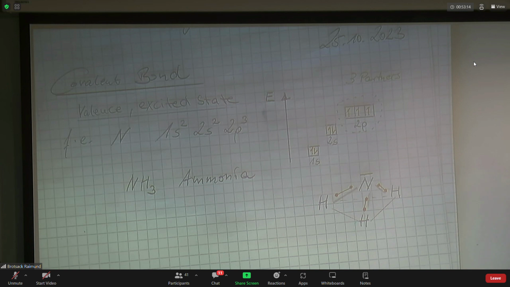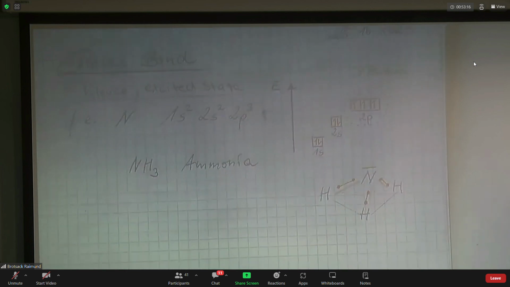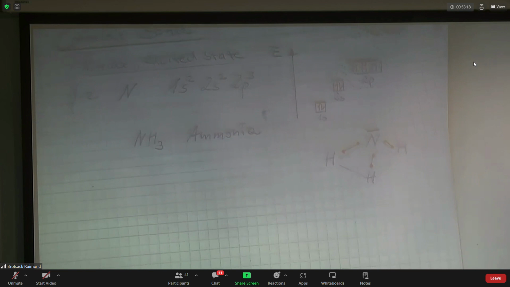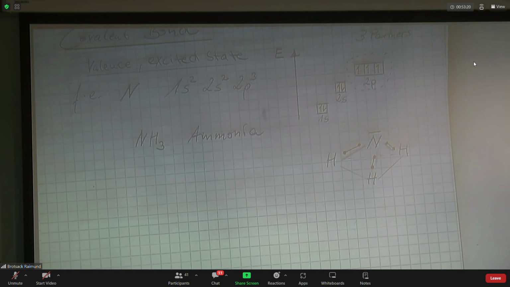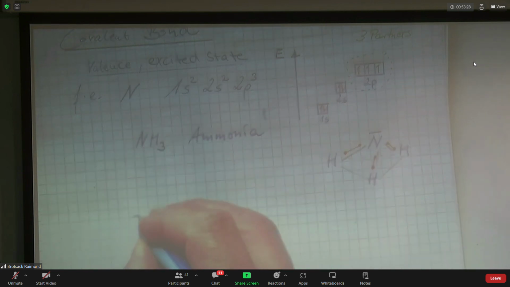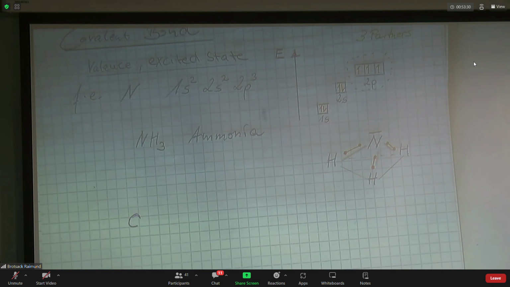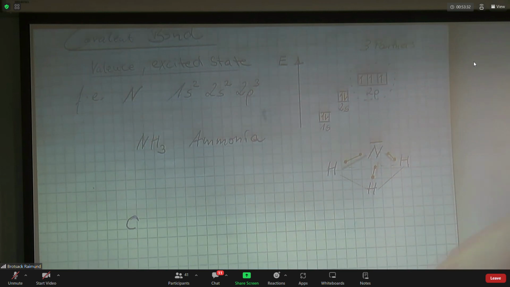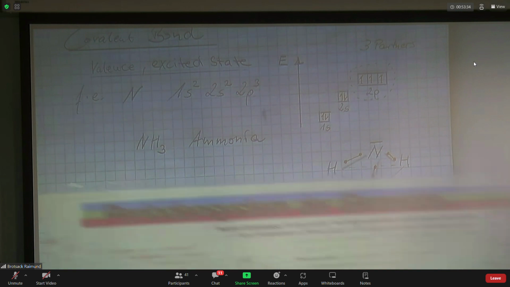That's about nitrogen. Now let's have a look at carbon. Carbon is one of the most important elements in organics, in life. So when we try to do the same for carbon, let's have a look at the periodic table once more.